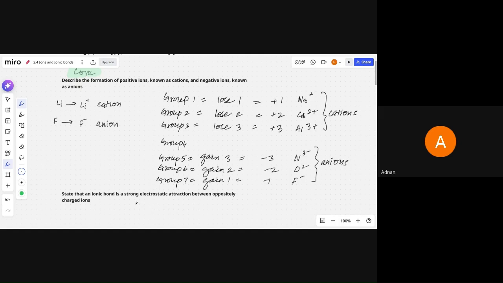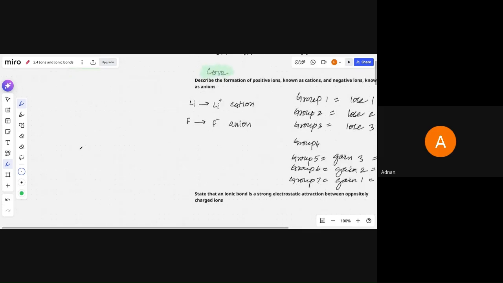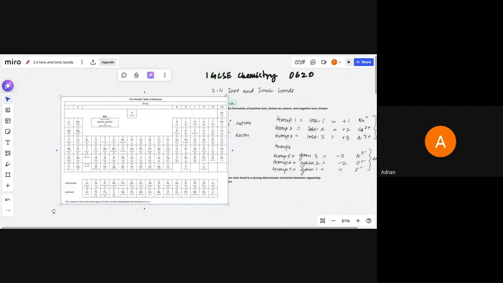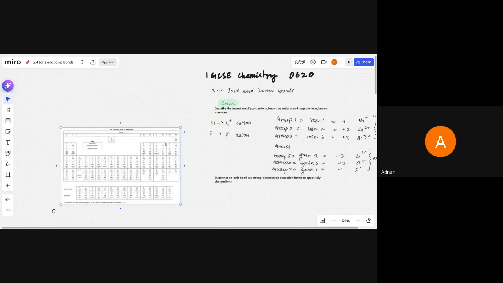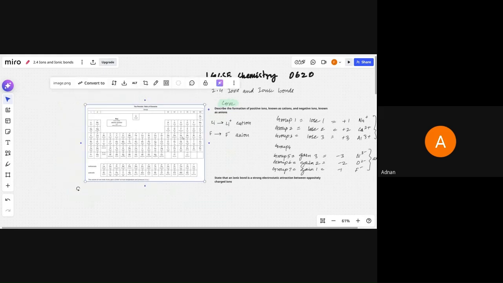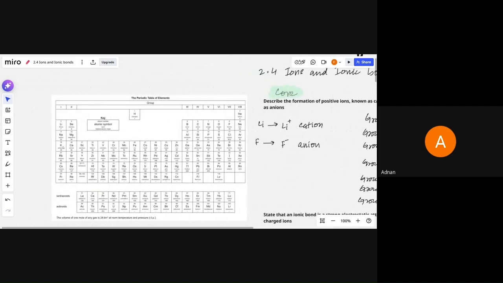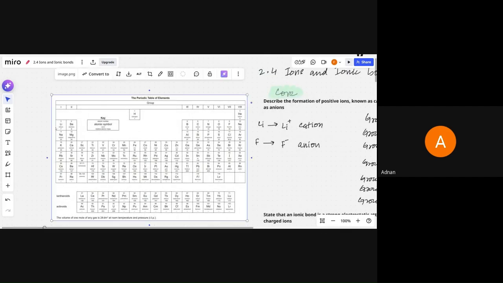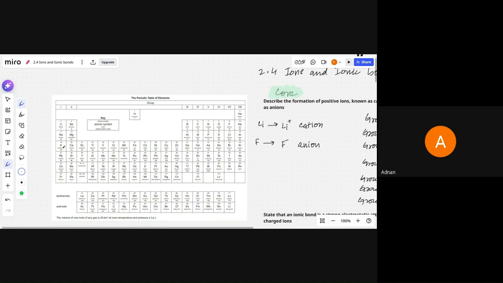All right, so I'm going to paste the periodic table here, and I'm going to show you the individual groups as well. Here you can see that this is group 1: lithium, sodium, potassium, rubidium, cesium, francium. All of them will have a +1 charge when they combine with non-metals.